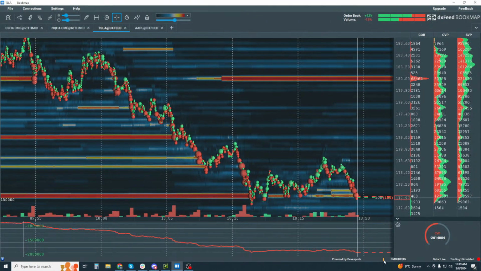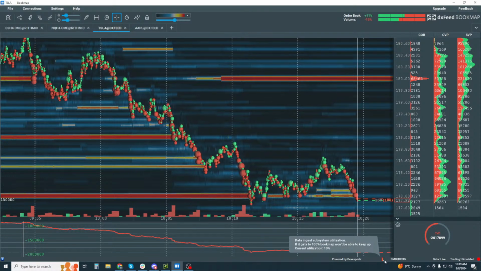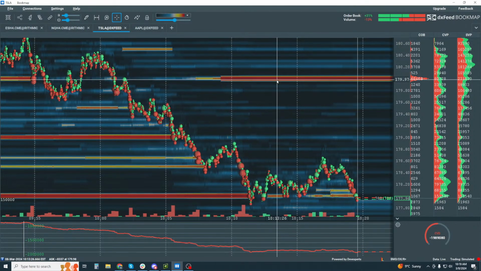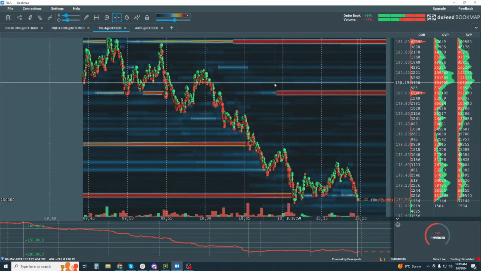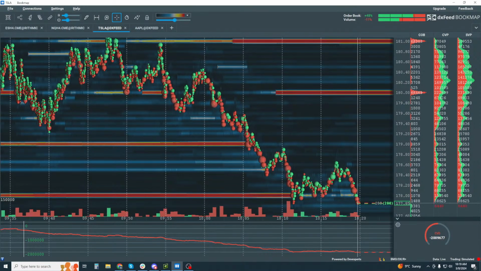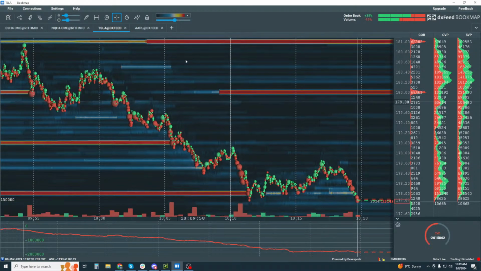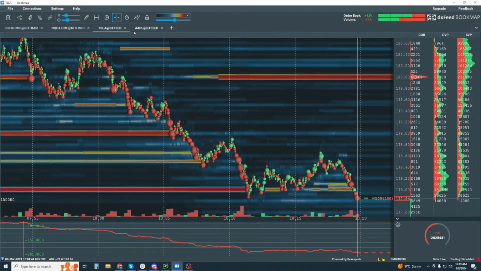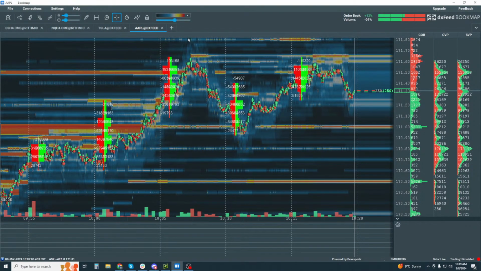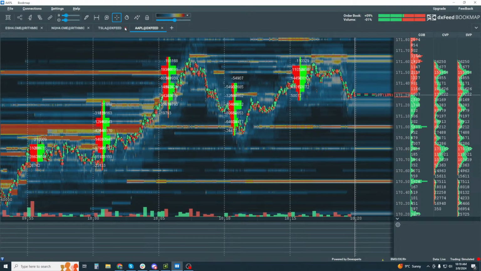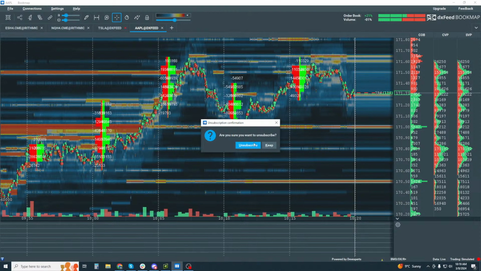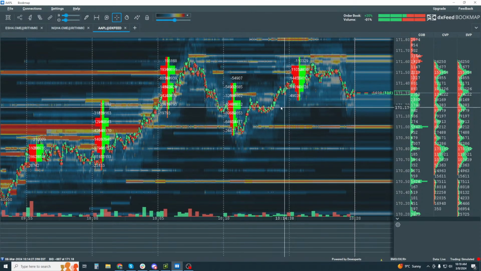We'll see how the Bookmap's handling this. I have some computer issues at the moment, so I need to clean some stuff up. Anyway, I'd like to keep a stock open. Let's just keep, yeah, I'll get rid of Tesla. That ought to help.